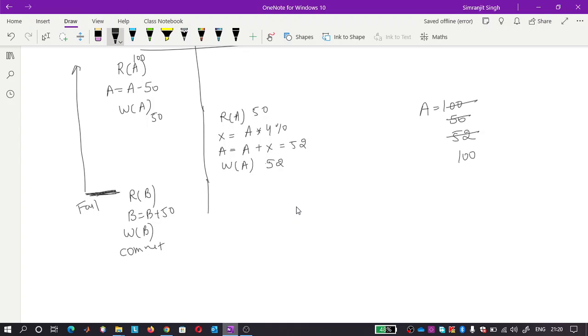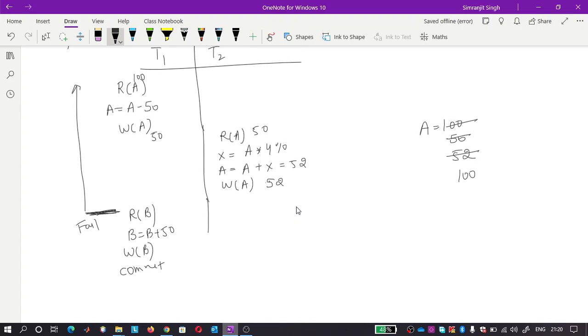But if you see here, transaction T2 should also be rolled back, but it does not happen. Why does it not happen? Because this transaction has not failed. Only the T1 transaction has failed. Just see here, T2 is reading from uncommitted data, because the commit is here. T2 is reading from the uncommitted data.